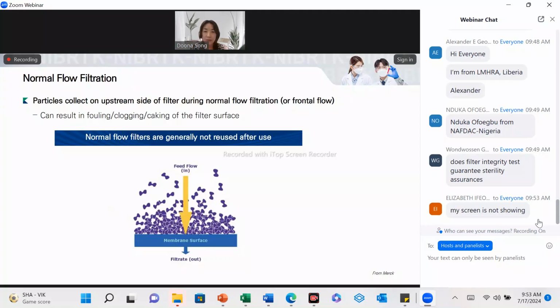So in this method, the particles collect on the upstream side of the filter. This can lead to fouling, clogging, or caking on the filter surface, like this. So normal flow filtration filters are usually not reused, just single use.